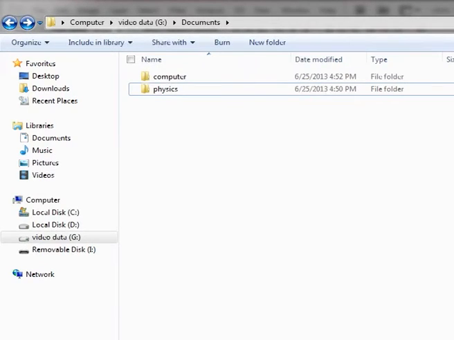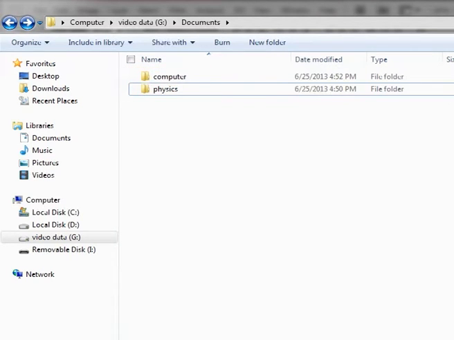Generally, the number of files in a storage system is in thousands and lakhs. Therefore, a better way of organizing files is in the form of folders and subfolders. For example, one folder may store files related to the physics subject, and another folder may store files related to the computer subject.